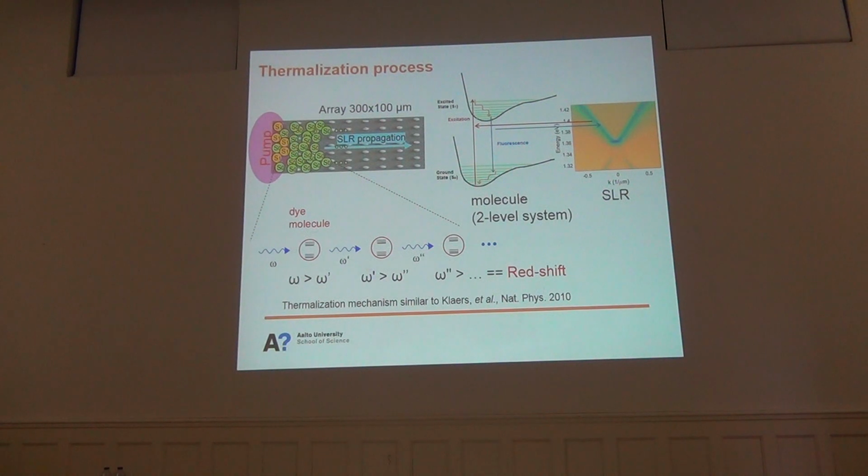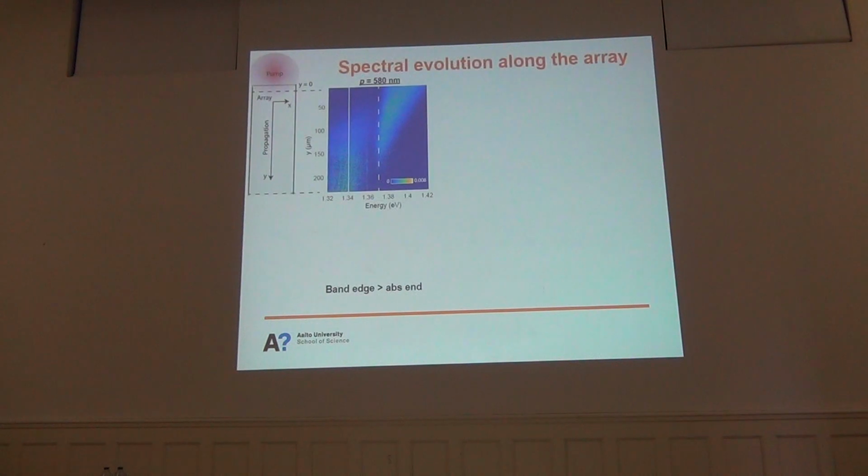So basically what you should expect to see is less and less energetic photons the further away you go from the pump spot, because this is the only place where we bring new high energy excited molecules into the system. So you should be seeing some kind of redshift along the array. And this is what we measure in the experiment.